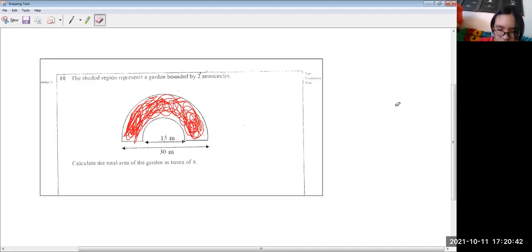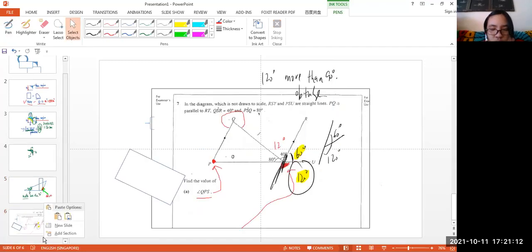What's the strategy, by the way? The approach. What's the approach? Any idea? You have any idea or not?